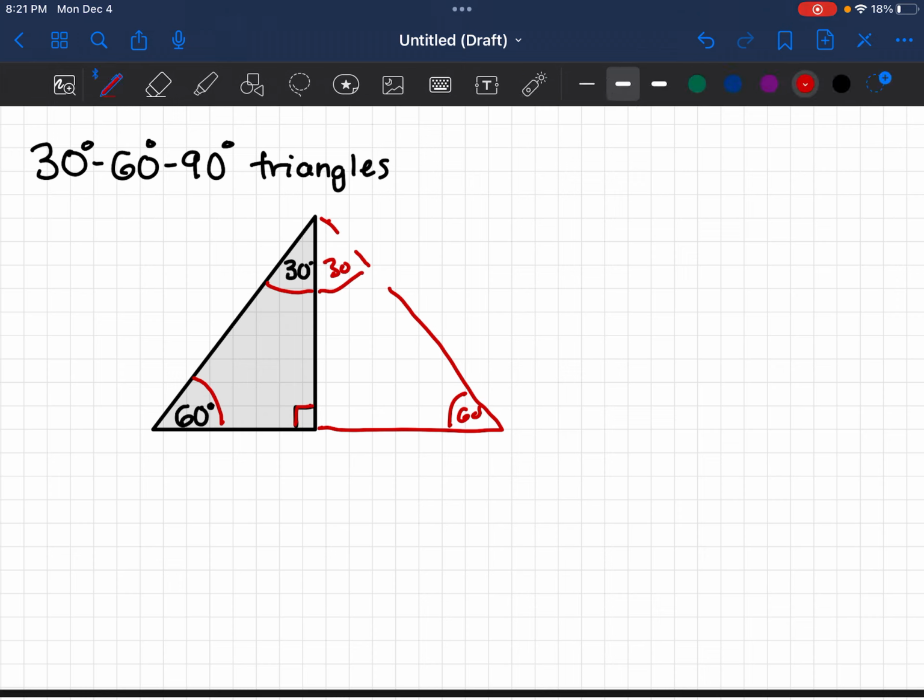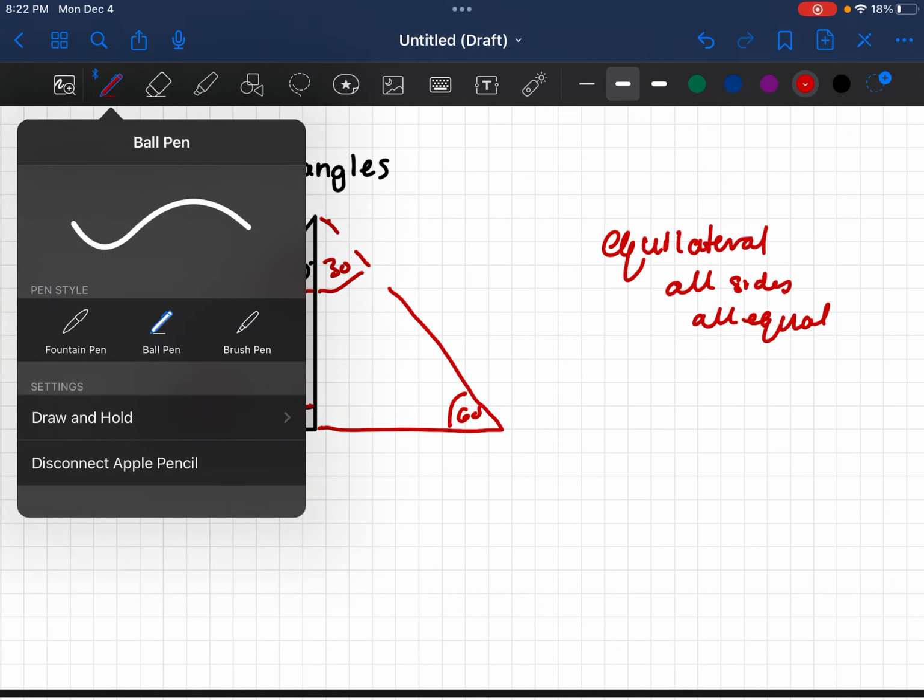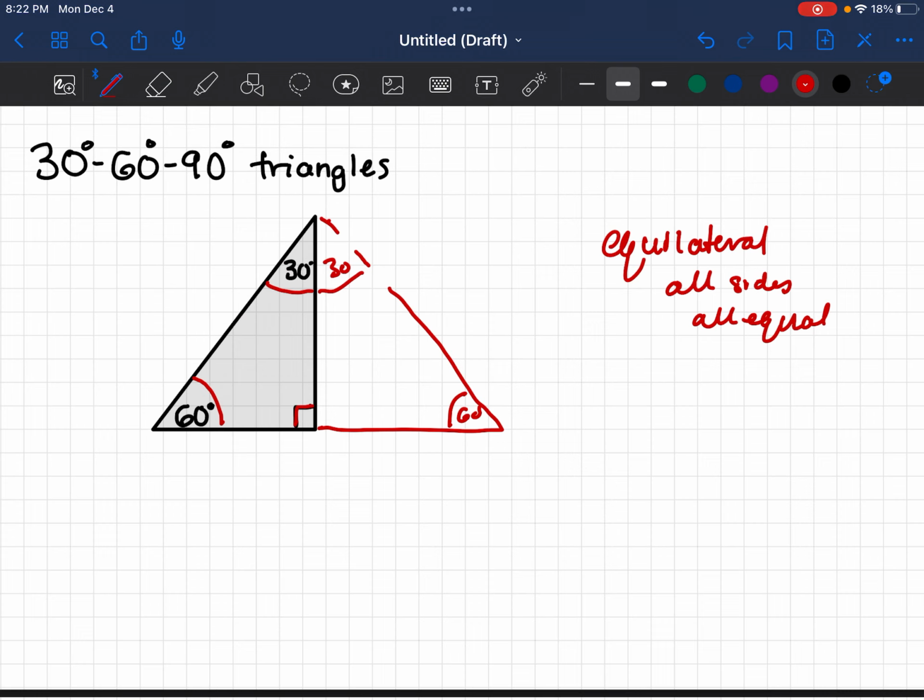And from that, I would be able to tell that I have a 60, 60, 60 triangle, which would make this an equilateral, where all sides and all angles are equal. I can use that knowledge here to say all of these sides would be equal to 2 because they are all equal and all of the angles equal 60 degrees.